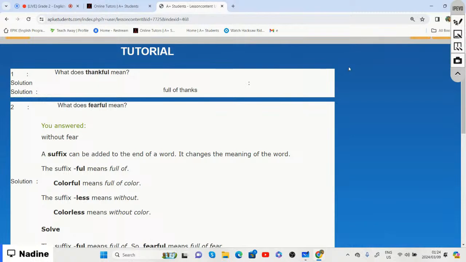And the word thankful means that we are full of thanks, right?